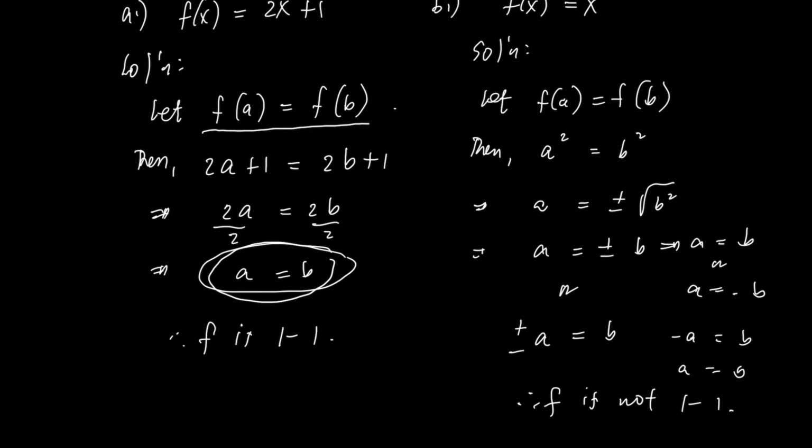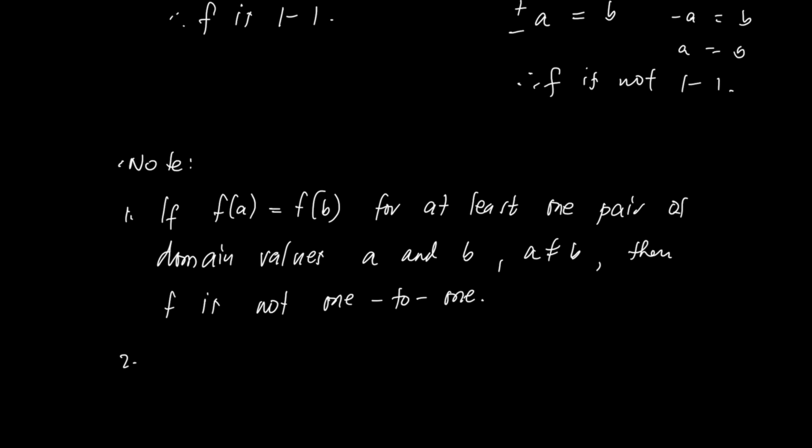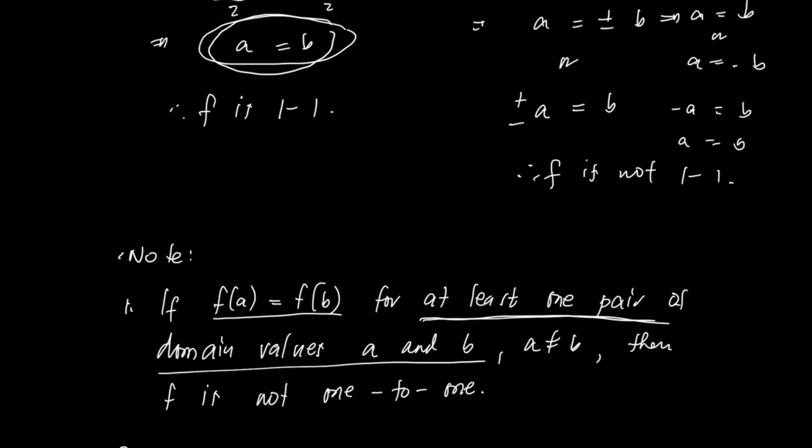So what is the importance of a one-to-one function to inverse functions? Note that if f of a is equal to f of b for at least one pair of domain values a and b, and a is not equal to b, then f is not one-to-one. Okay, meaning it will give two or more pairs of a and b. So therefore, that is not 1-to-1.